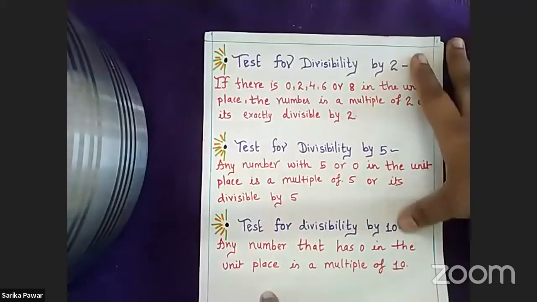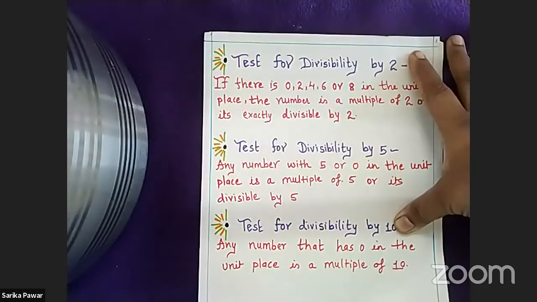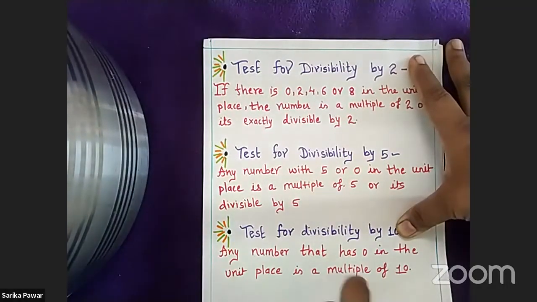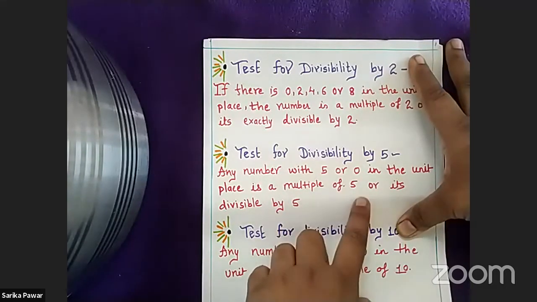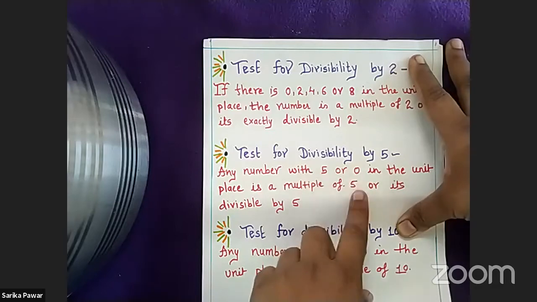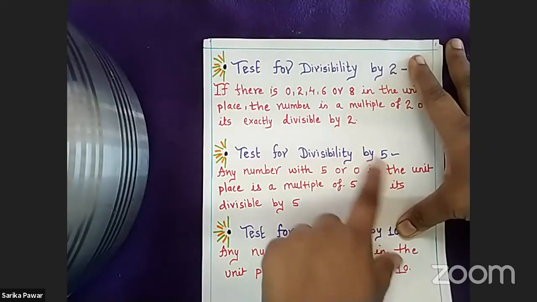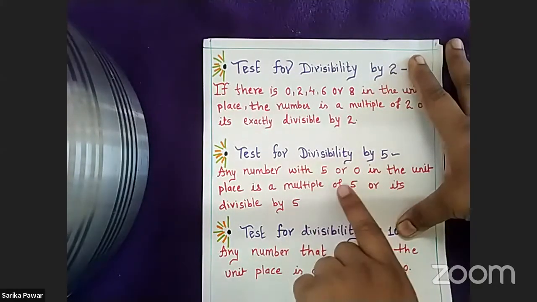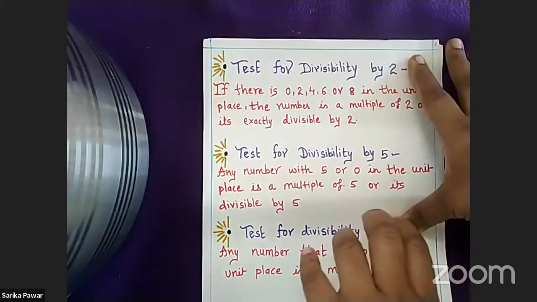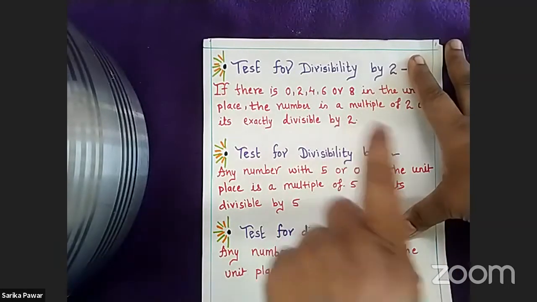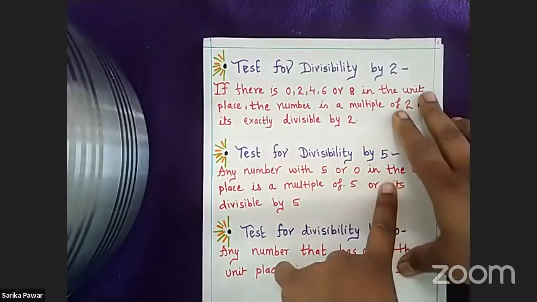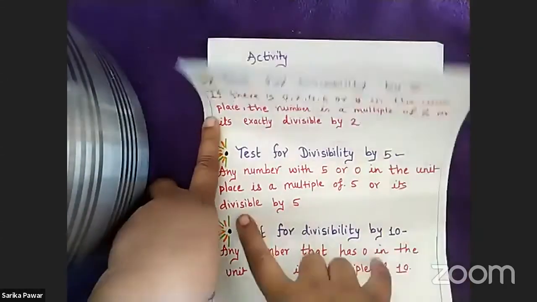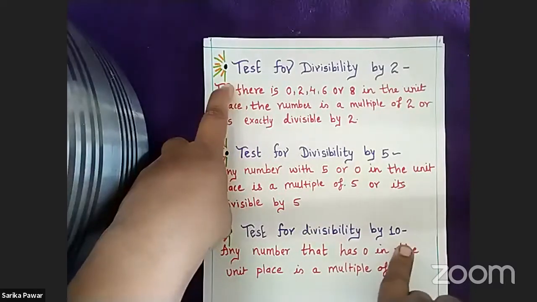This test for divisibility of 5 says that if the number in the unit place is either 0 or 5, only 5 or 0, two numbers, if we can observe in the unit place, then we can say that particular number is divisible by 5.